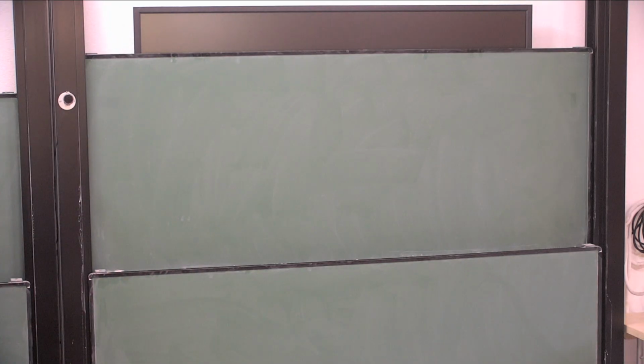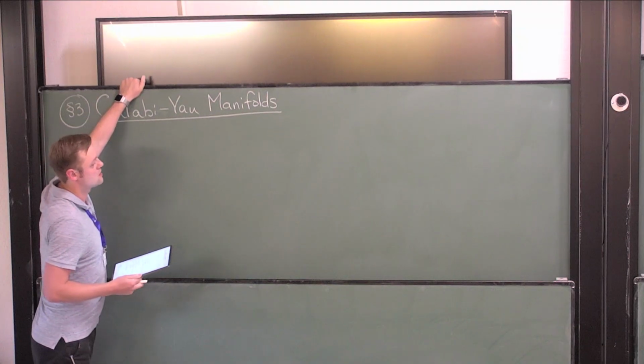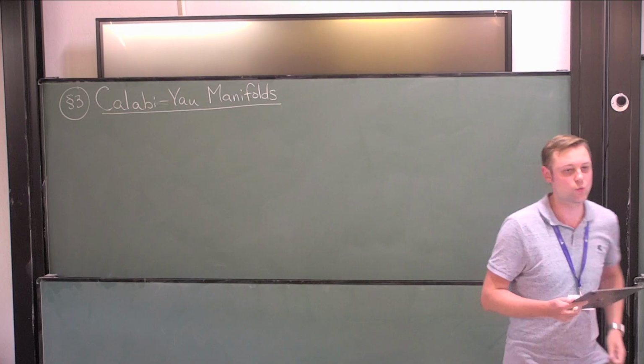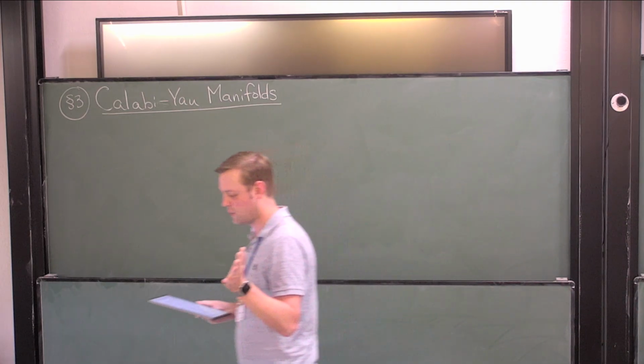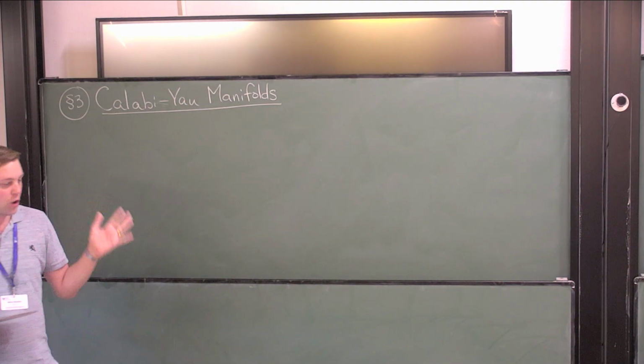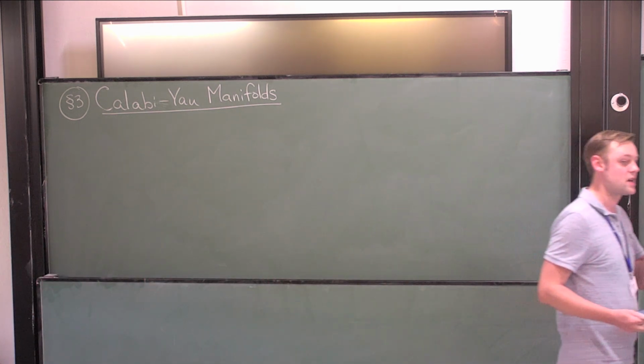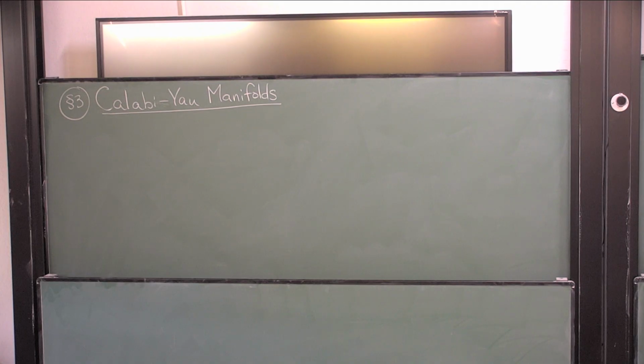Okay, so we are now almost ready to get finally to the definition of Calabi-Yau manifold. I just need to discuss one more topic. We talked about what a complex manifold is. We've talked about what a canonical bundle is and what it means for it to be trivial.